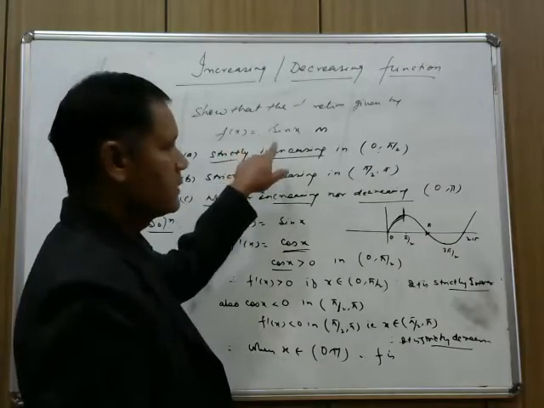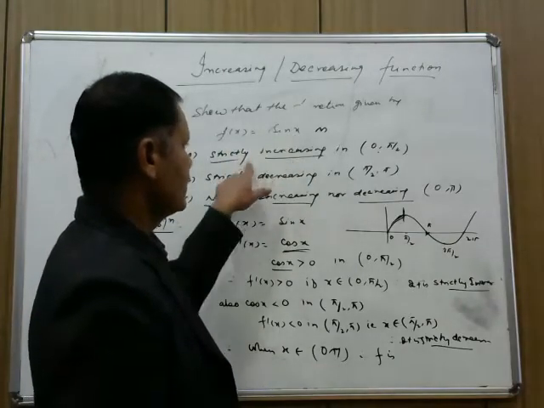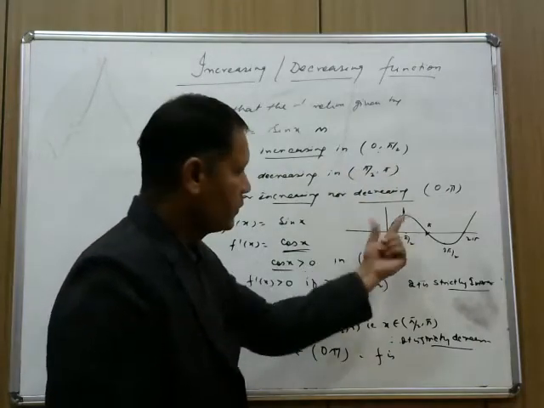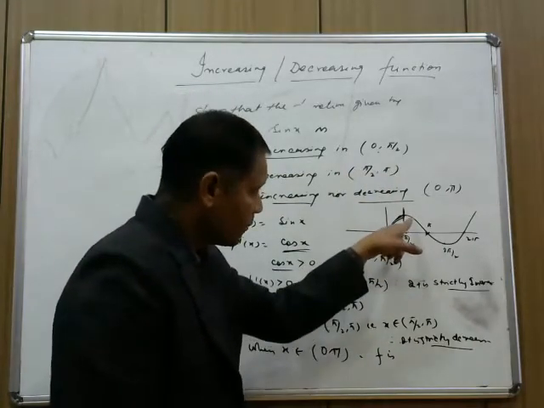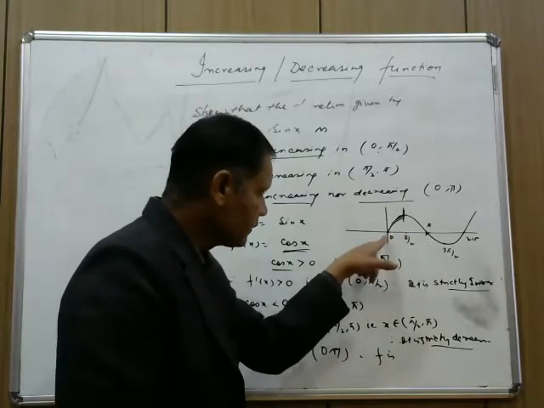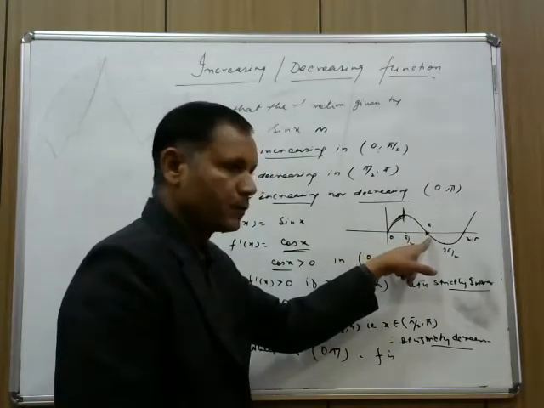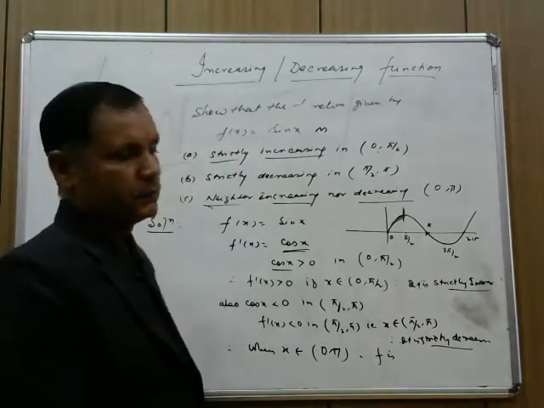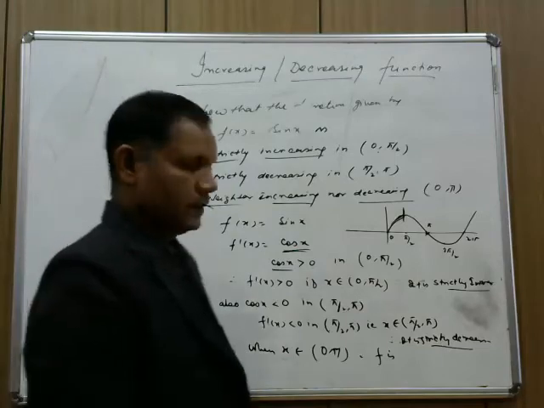That's why the question was there, f of x equal to sin x is strictly increasing in the interval 0 to pi by 2. Yes, from pi by 2 to pi it is decreasing, and in the interval 0 to pi neither increasing nor decreasing, right? I think you got it.